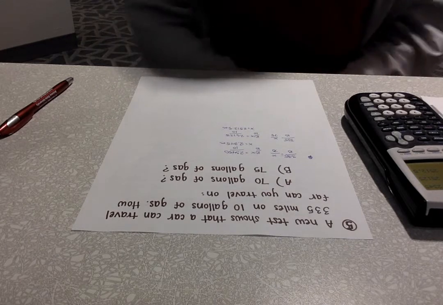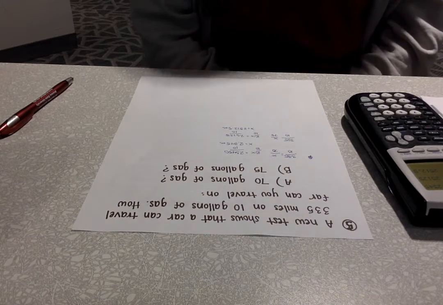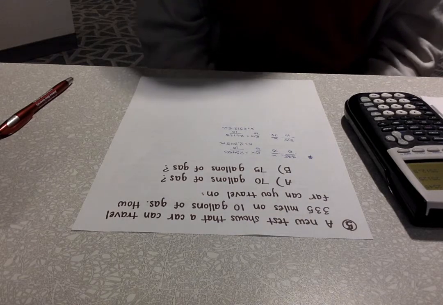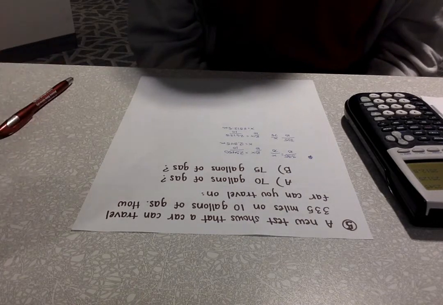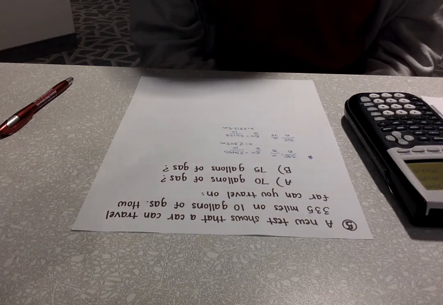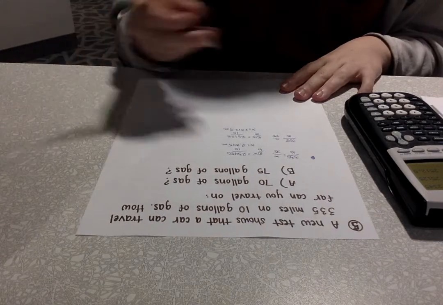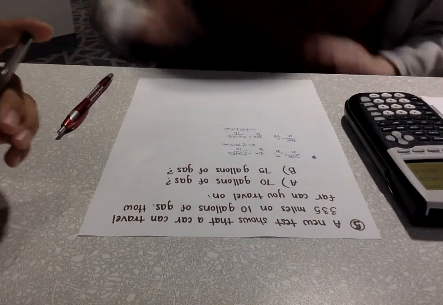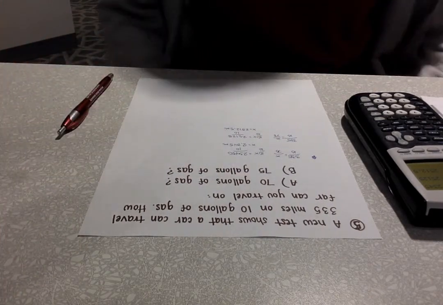Okay. And you mentioned earlier that you always put your unknown value, what you're looking for, at the top of your fraction. And I see you've done that through all three of these problems.